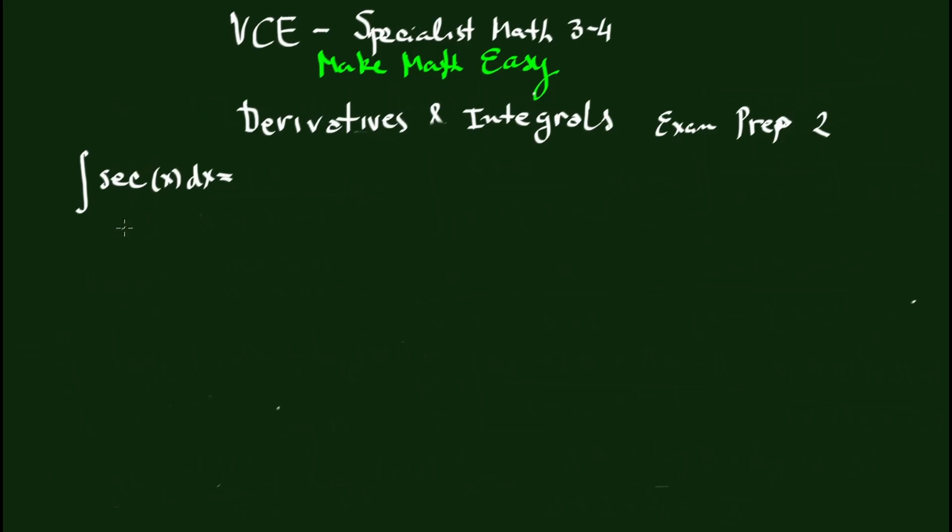So we do know that tangent of x, and its first derivative is secant squared x, but that secant squared is not secant, so we can't use that. So what are we going to do?